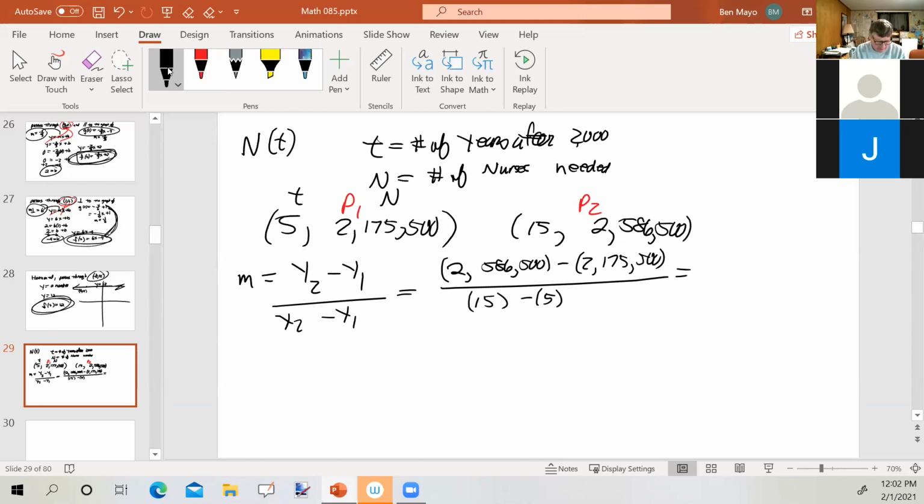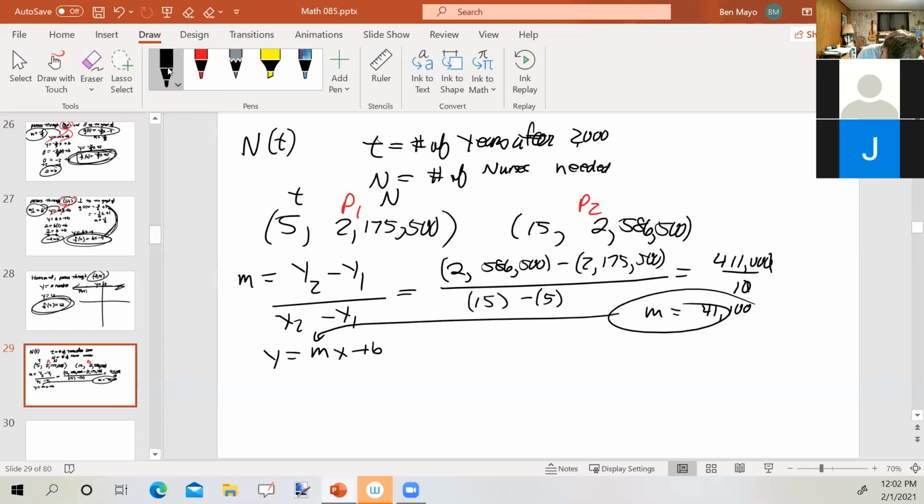If I take 2,586,500 minus 2,175,500, I get 411,000. 15 minus 5, I can do that one in my head. Dividing by 10 gets rid of one of the zeros. So the slope is 41,100. The slope is 41,100.